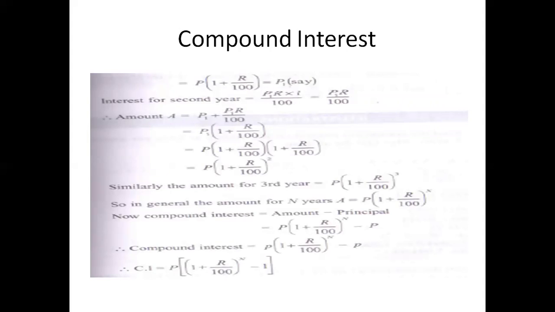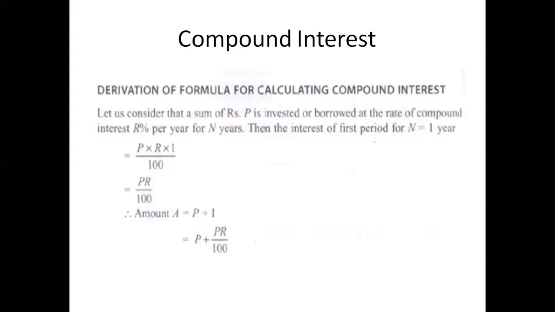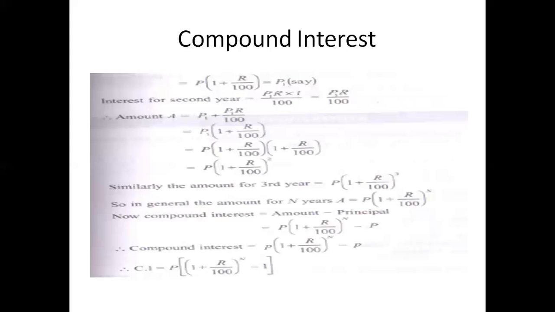We take a common factor. The amount is equal to P plus P into R by 100. Taking P as the common factor, we have P into 1 plus R by 100, which is equal to P1. Now the interest for the second year is P1 into R by 100.